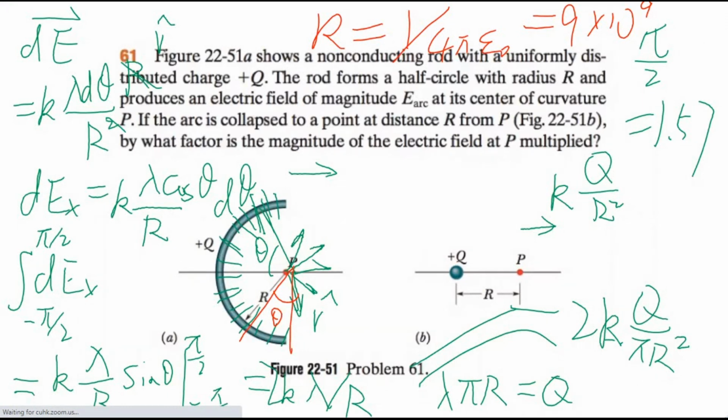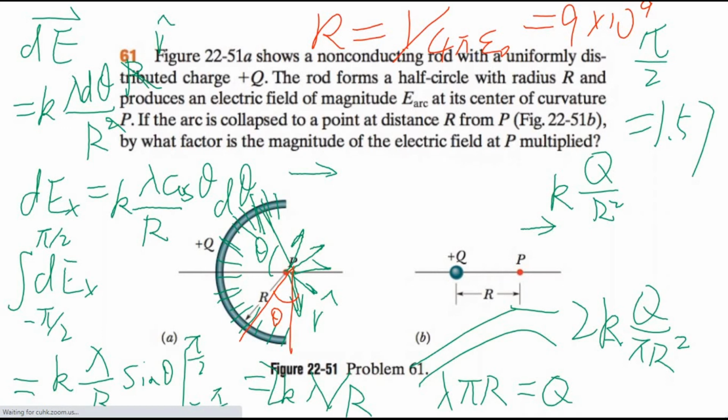The answer for the final electric field is 2kq over pi r square, right? But if you are asking by what factor the magnitude changes, comparing the electric field at the P point, that would be pi over 2, which is 1.57 times.